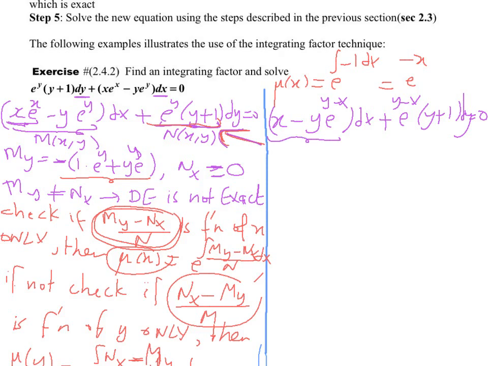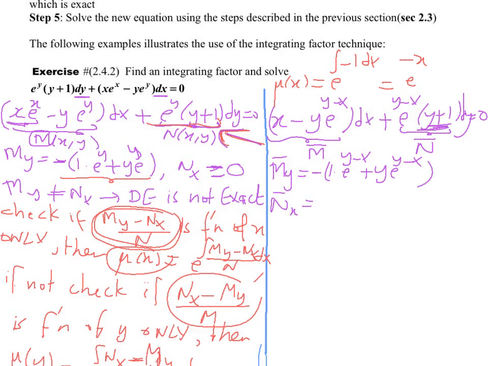So this is M. Let's call it M bar, because we already have M here, so we don't want to call another thing M also. Now what is My? My, just like before, is equal to 1 e^(y minus x) plus y e^(y minus x), and Nx is equal to, considering y plus 1 as a constant, the derivative of e, which is e times the derivative of the power with respect to x, which is minus.